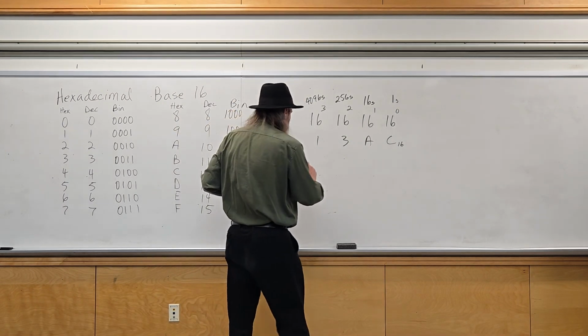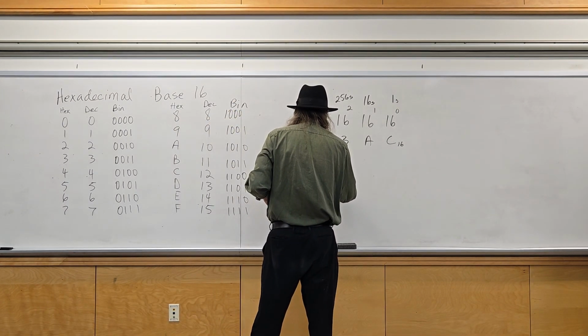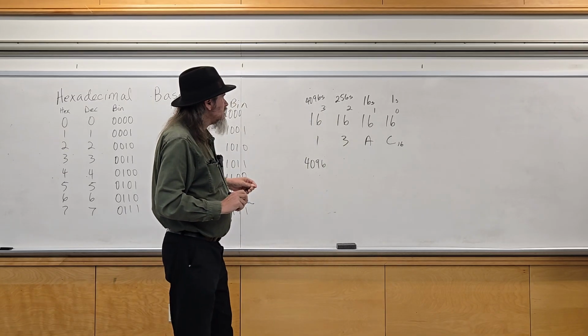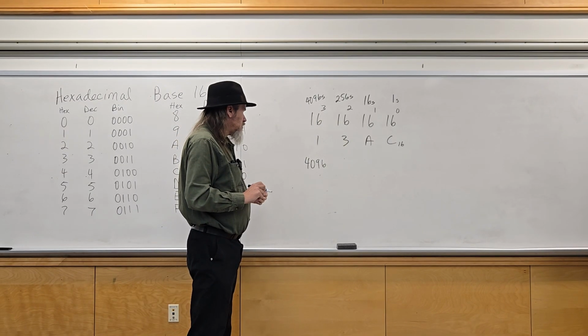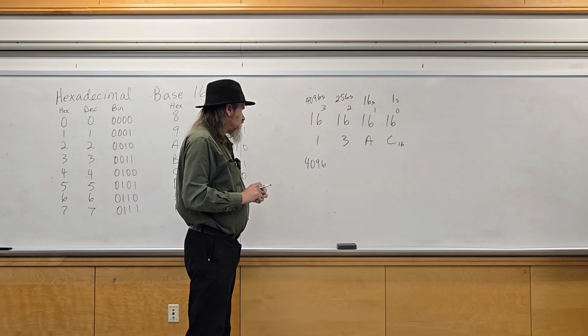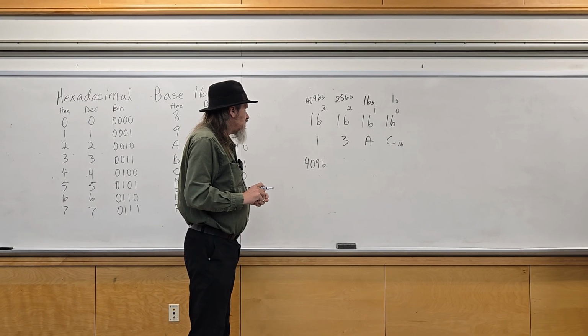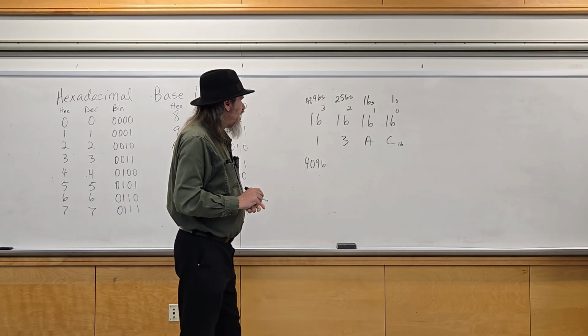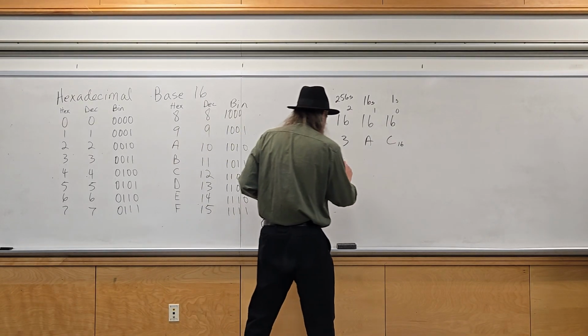So it's 4096. Let's see here. 3 times 256 is 768.